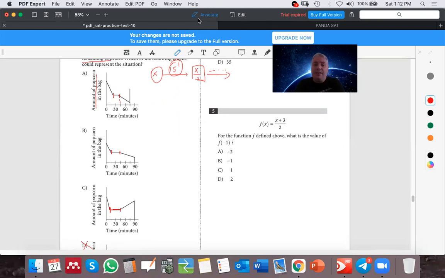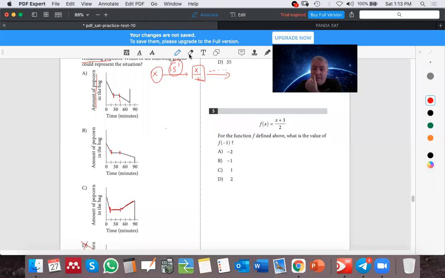But after that, what can I do? Here, what is the main difference? The main difference is this one is increasing. So the amount of the popcorn is increasing, but it's not possible. Why? After 15 minutes, you start to eat gradually, slowly, or whatever. So you are starting to eat.